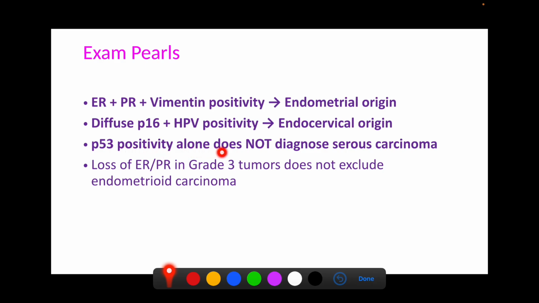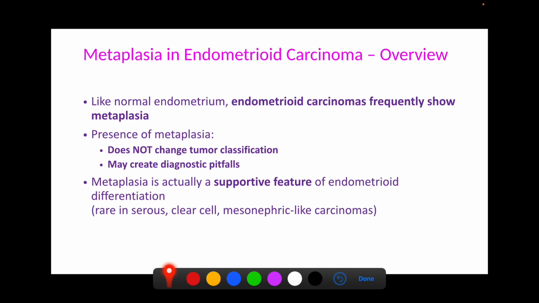P53 positivity alone does not diagnose serous carcinoma, and loss of ER and PR in grade 3 tumor does not exclude endometrioid carcinoma. Now let's look at metaplasia. Normal endometrium and carcinoma also show metaplasia, and this metaplasia does not change tumor classification.